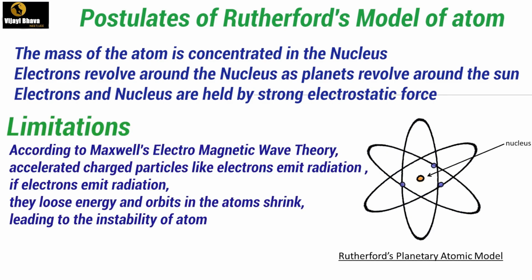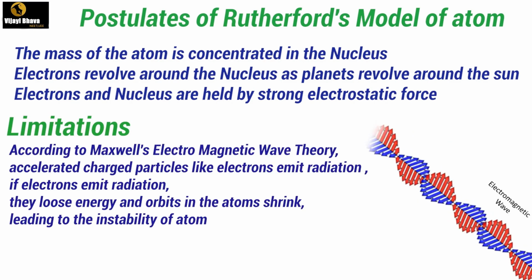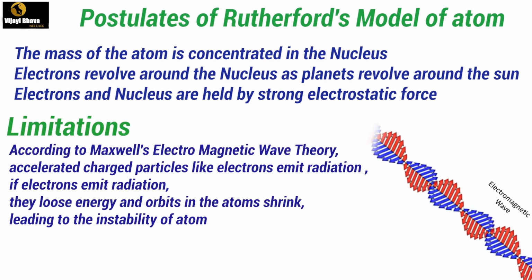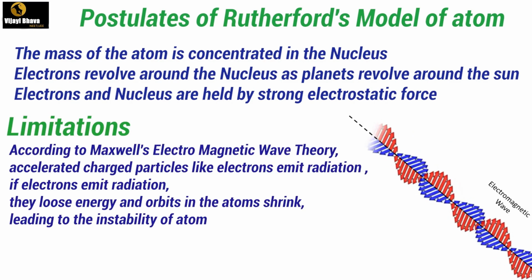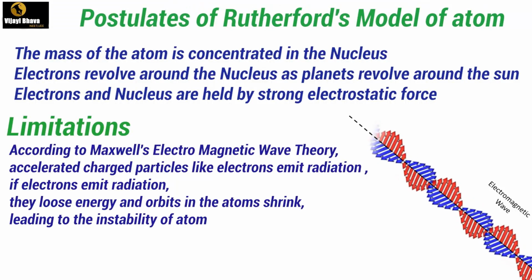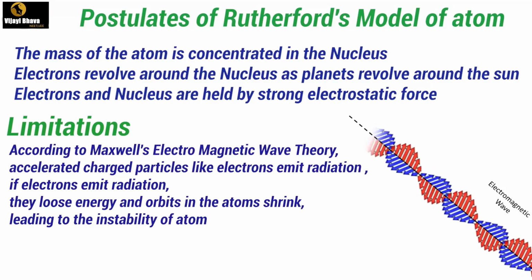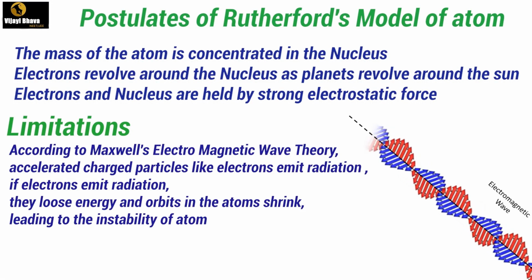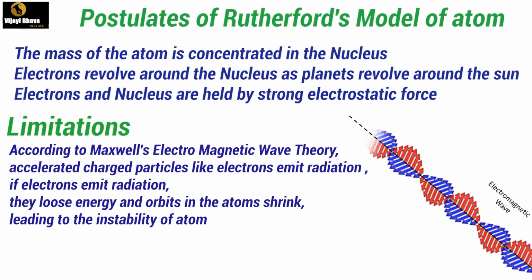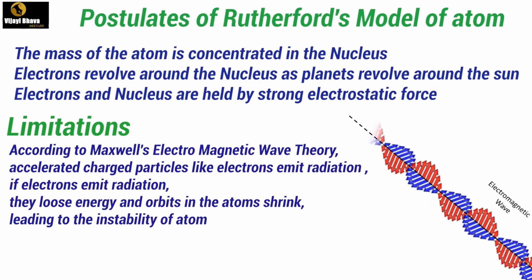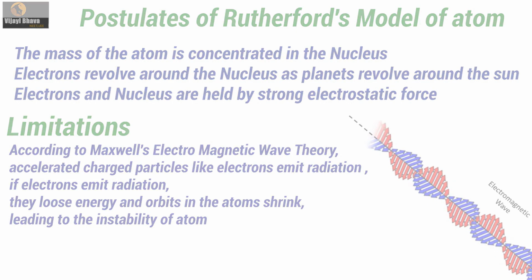The limitations of this: Maxwell's electromagnetic wave theory explains that accelerated charged particles like electrons emit radiations. If electrons emit radiations, they will lose energy, leading to the shrinking of orbits and thereby the instability of the atom, which was not properly explained by Rutherford.